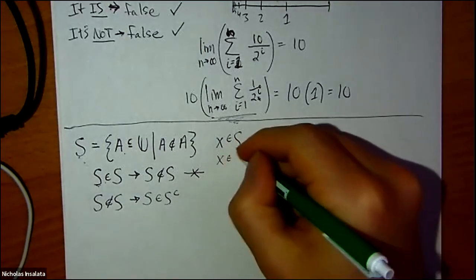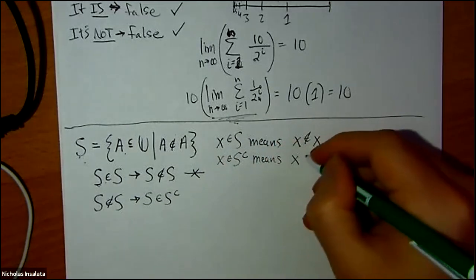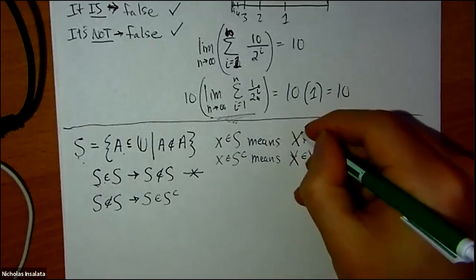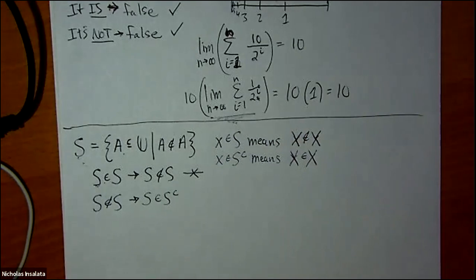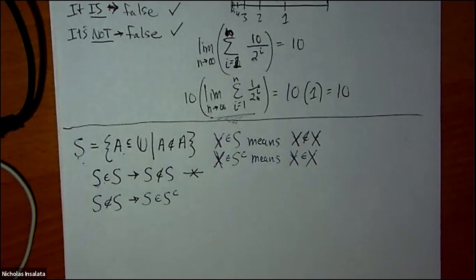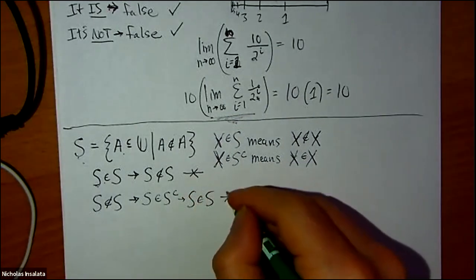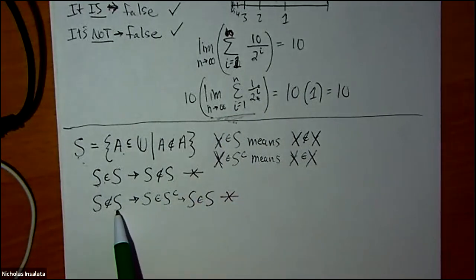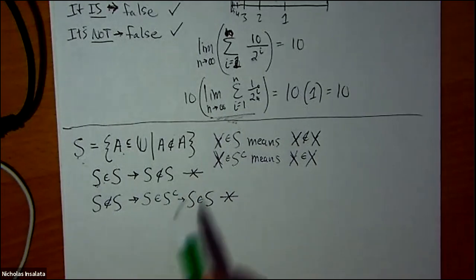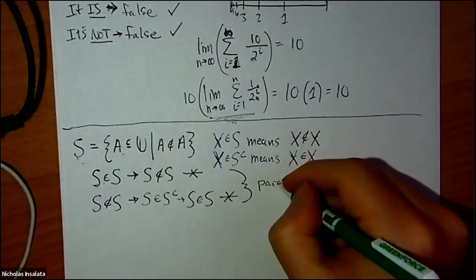Well, X is an element of S complement means X is an element of X. I should make these capitals because they're sets, right? So that's a contradiction too, right? If it's not an element of itself, that means it is an element of itself. Also a contradiction. It's a contradiction either way, and with these two contradictions together, that's a paradox.